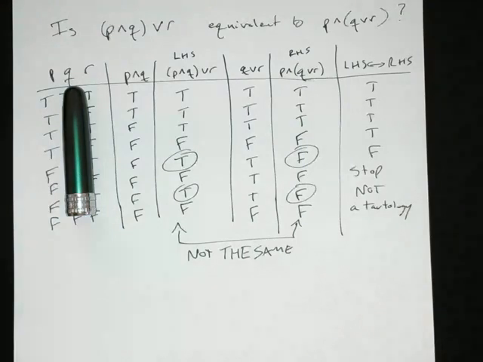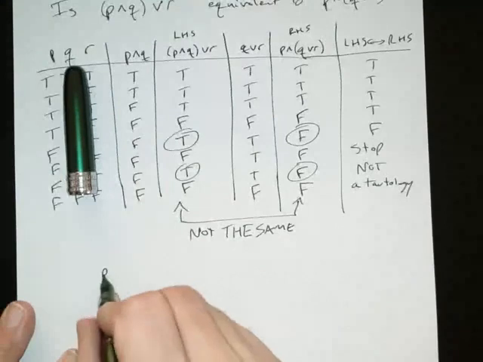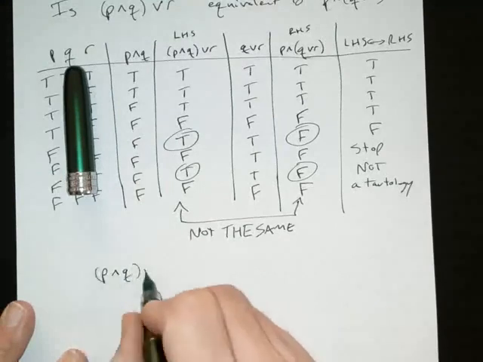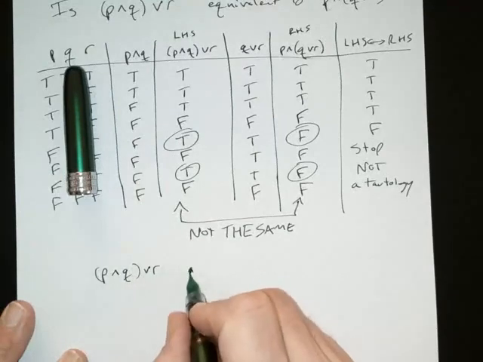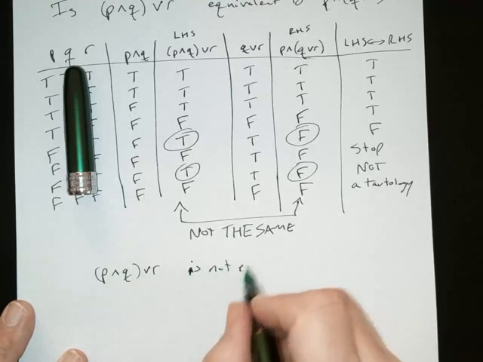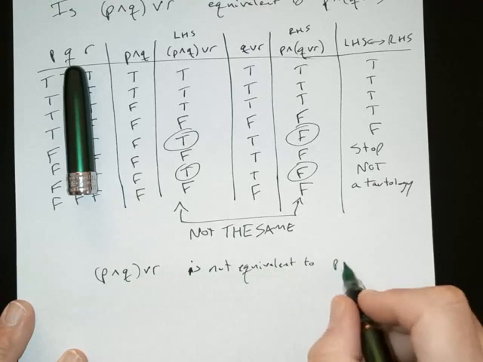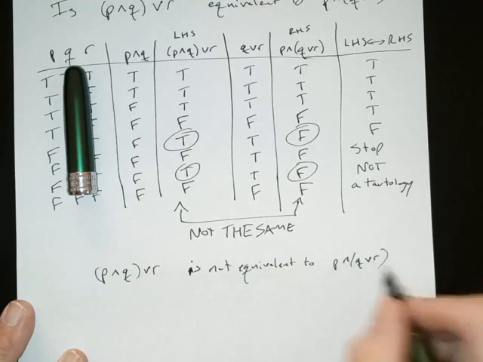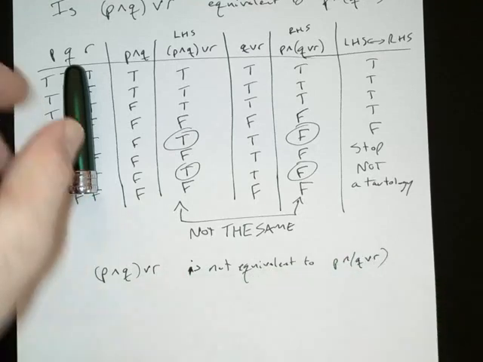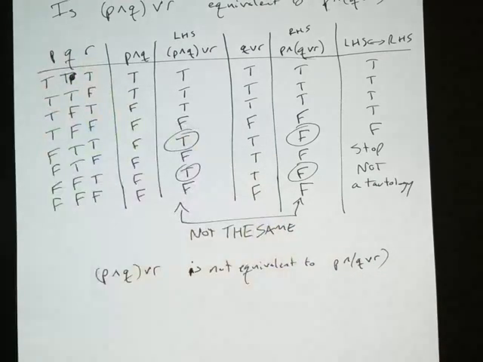This column, yes, this column is a contingency. What does that mean about my two statements? They're not logically equivalent. These two things don't mean the same thing. They actually tell different stories.